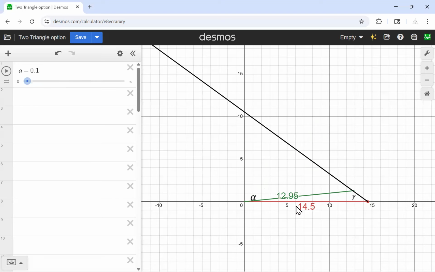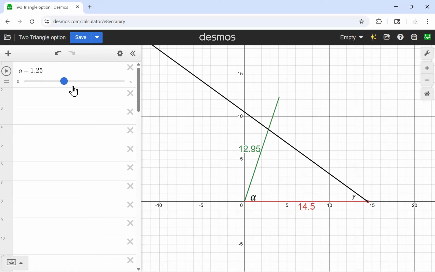And what you'll see is that if you rotate this down, we get one triangle that looks like this. That's where it touches that other side. And then if I rotate it around and up, this creates a second triangle with the same gamma. 14.5 is the B and 12.95 is the C. So this created two triangles, one where the alpha was really small and the beta was bigger, and the other where the beta was smaller and the alpha was bigger.